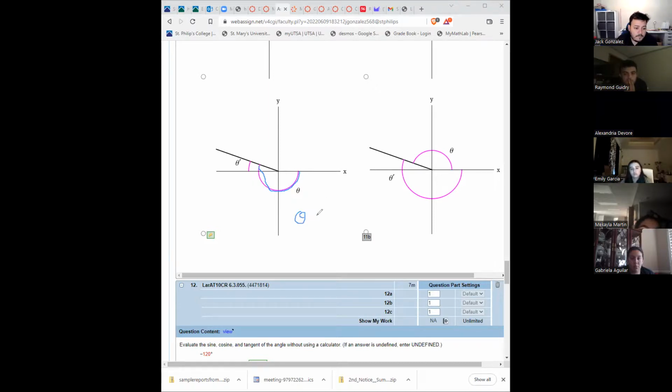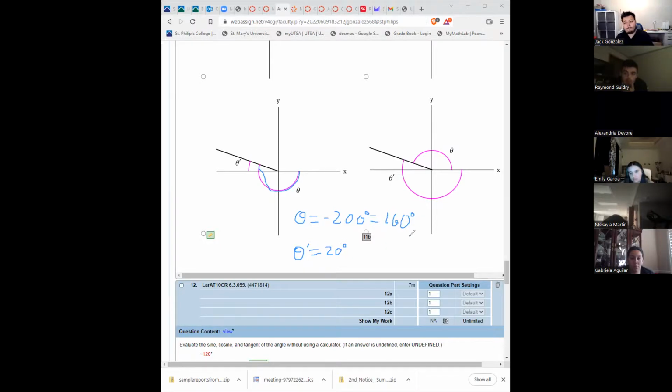So theta, negative 200, is coterminal, meaning it's the same angle as 160, right? So we can look at that one instead. But the reference, which they label as theta prime, is going to be 20 degrees.